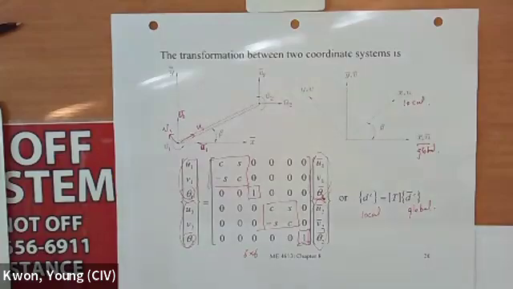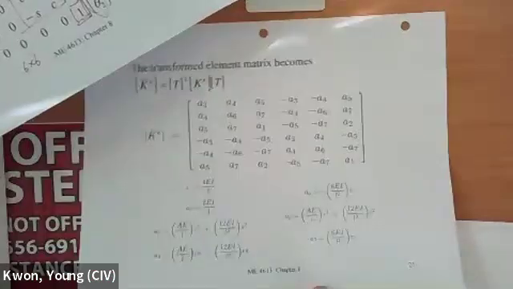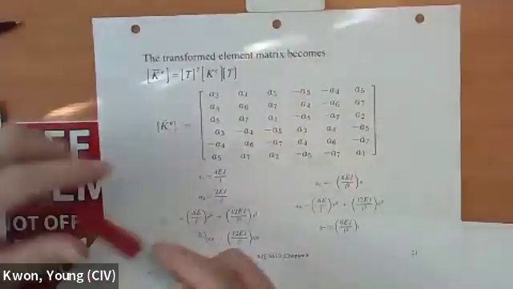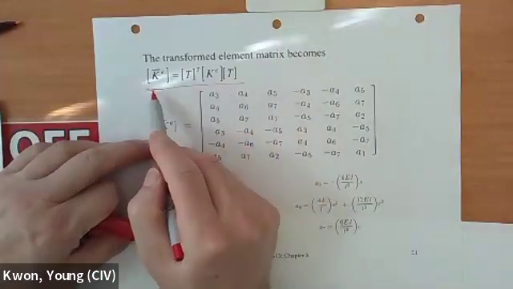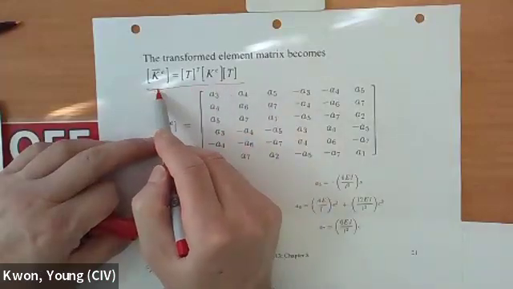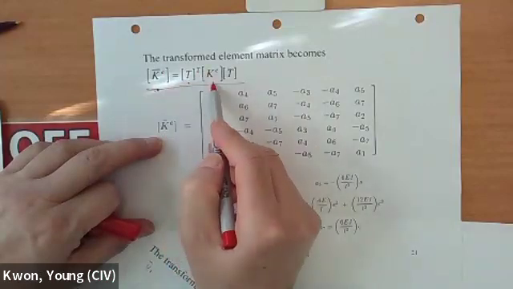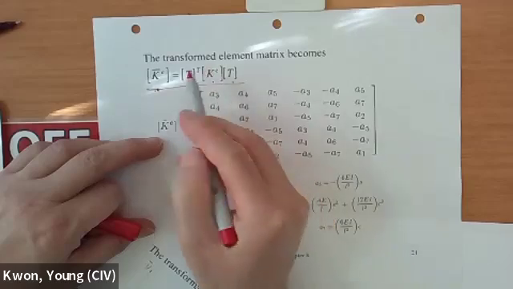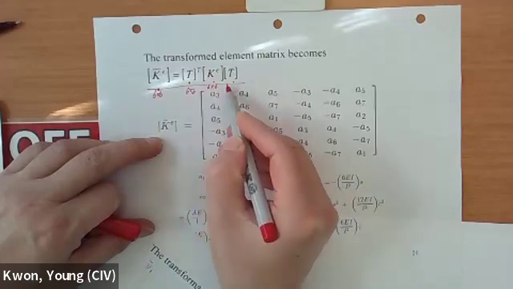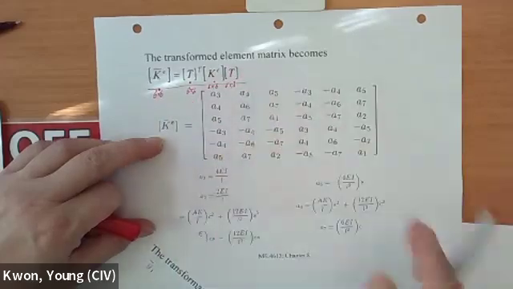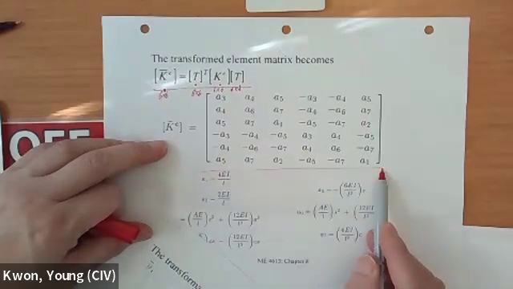So if you apply the same energy concept we did for the truss structure, then this is going to be same as before. Global stiffness matrix in global coordinate system is T transformation matrix transpose times local stiffness matrix multiplied by T. So this is all 6 by 6, 6 by 6, 6 by 6, and 6 by 6. So if you do this multiplication, you come up with this expression.